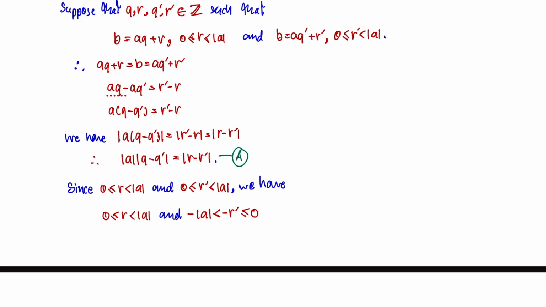Let's start with R minus R prime. We know R is less than absolute value of A, and minus R prime is less than or equal to 0, so it's less than or equal to A minus 0. On the right side it becomes absolute value of A.